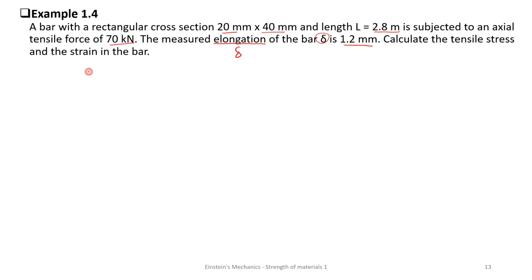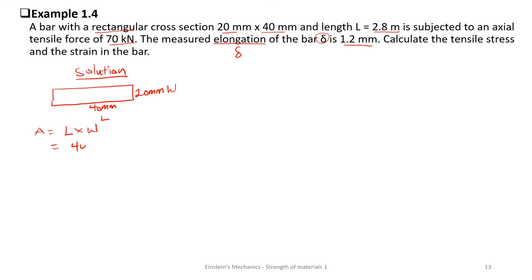So we have a rectangular bar. Let's assume this is the rectangular bar. It has a cross section; let's take the length to be 40 millimeters by 20 millimeters. So we can have our area as length times width because it is rectangular, which is 40 millimeters by 20 millimeters.